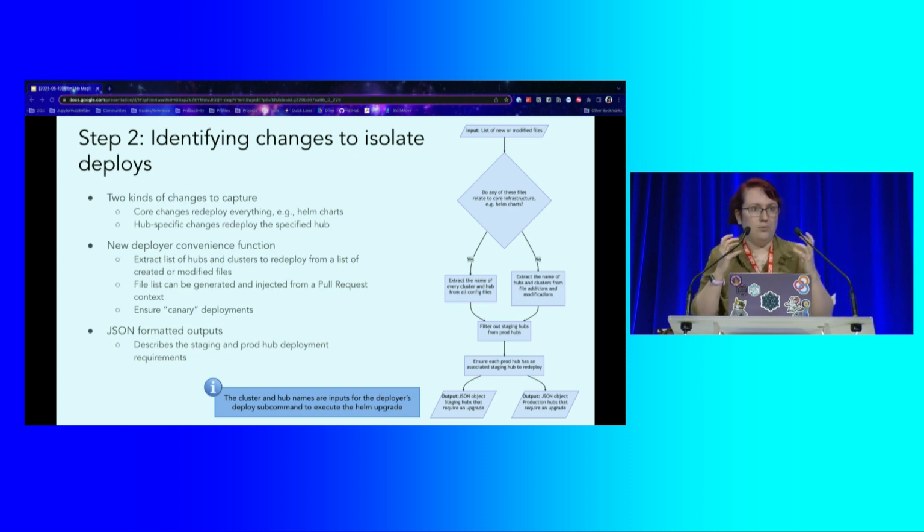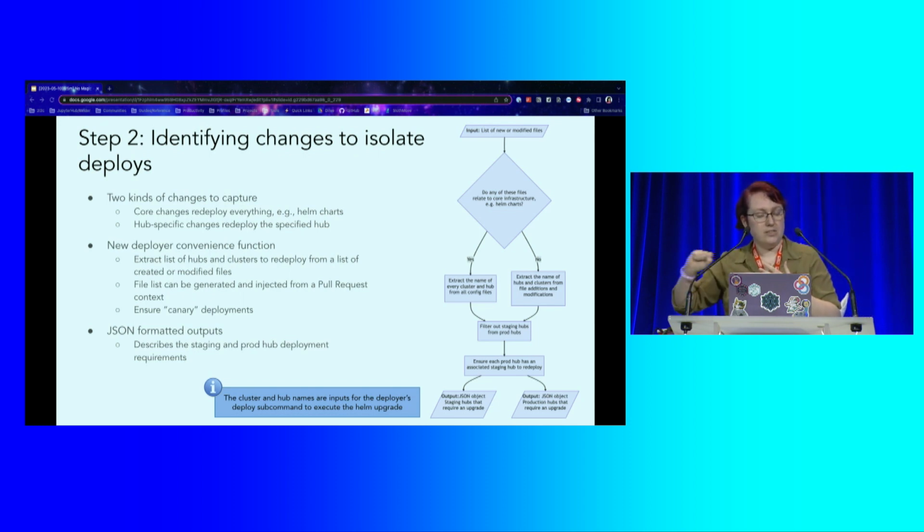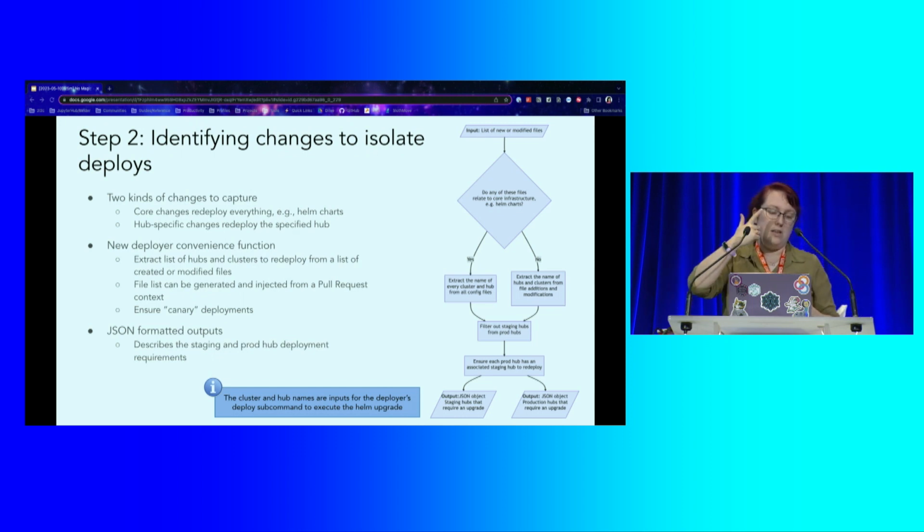So what we did was we wrote a new deployer convenience function, where you can extract a list of hubs and the clusters they live on to redeploy from the list of created or modified files in the context of a pull request. So you can pass a list of files, and you go through this workflow of saying, do any of these files belong to a Helm chart?